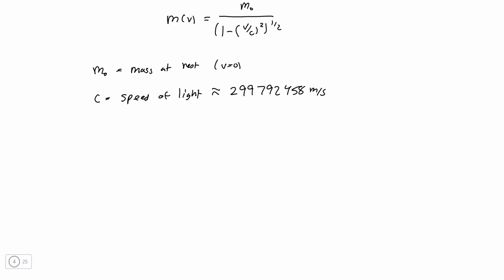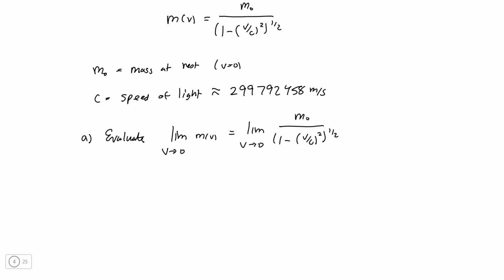Okay, so let's go ahead and evaluate a couple of limits here. So let's start with the limit as v goes to 0 of m of v. So this is just the limit as v goes to 0 of m0 over (1 minus v over c squared) to the 1/2.